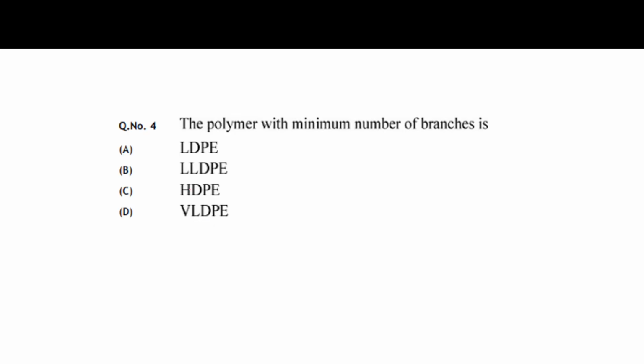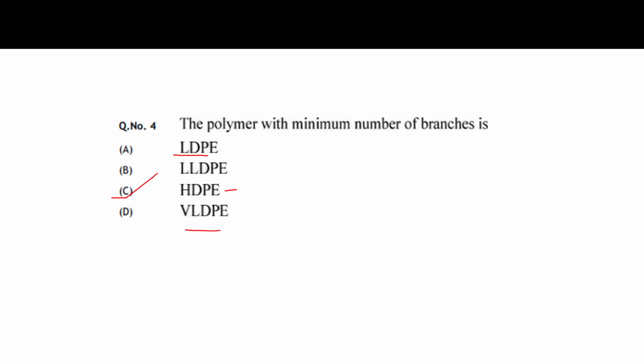The next question was about the polymer with the minimum number of branches. Now I talk about LLDPE, LDPE. These are all polyethylene polymers, but of various types. LDPE, low density polyethylene, has the higher branching. LLDPE has lower branching. But HDPE has the minimum branching among all of these polymers.